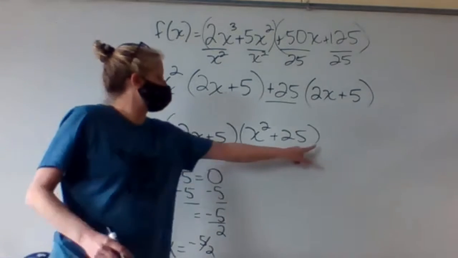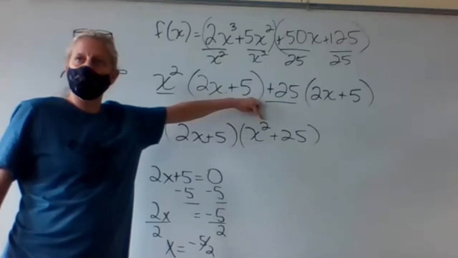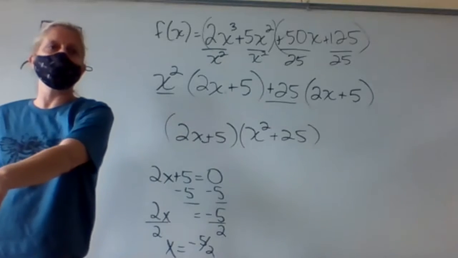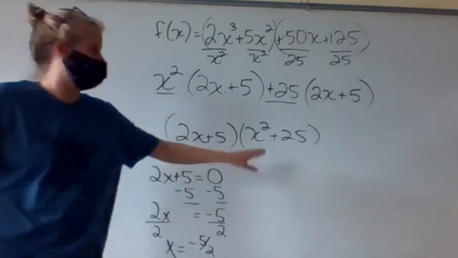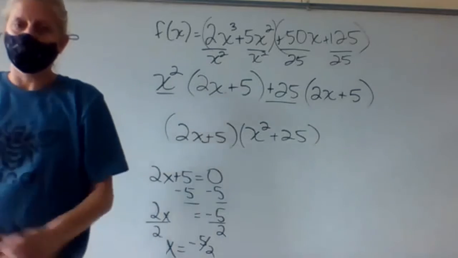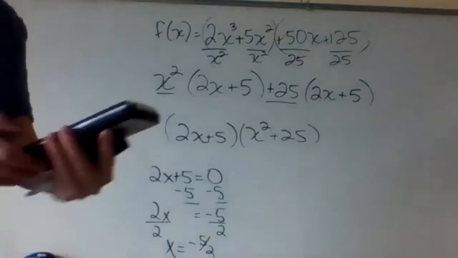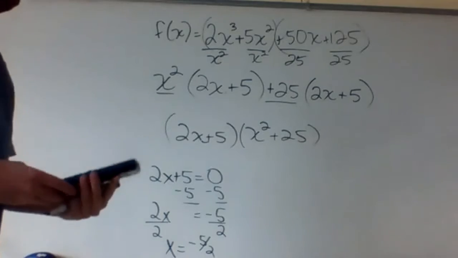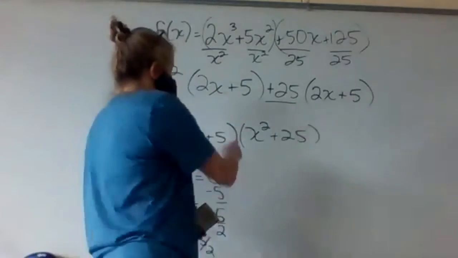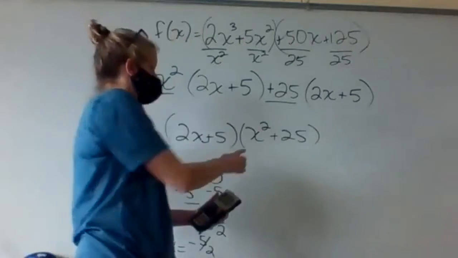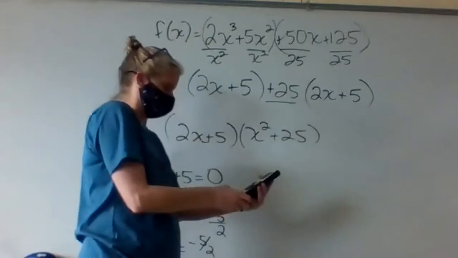Look at this other factor here. What does this mean it is? Squared. How am I going to find the other 2 zeros if my factor is x squared? Quad. So go to your quad. What's A? What's in front of x squared? 1. What's B? Be careful. 0.